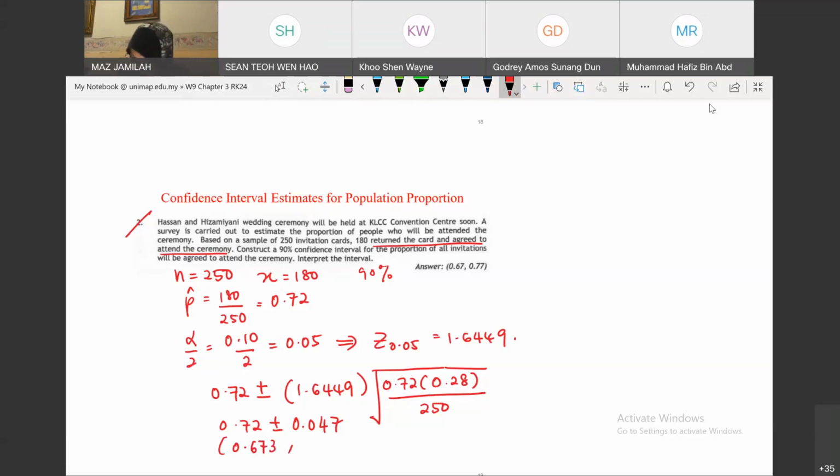And 0.72 plus 0.047, you will get 0.767.